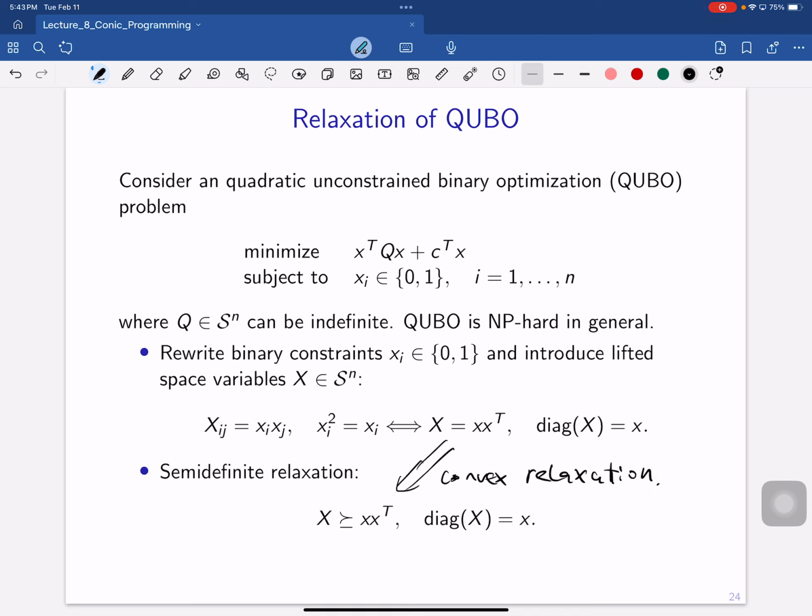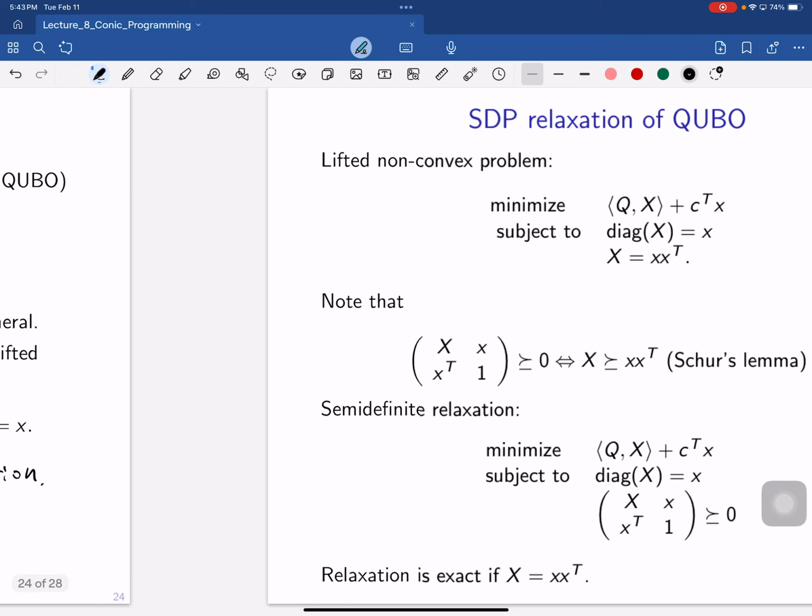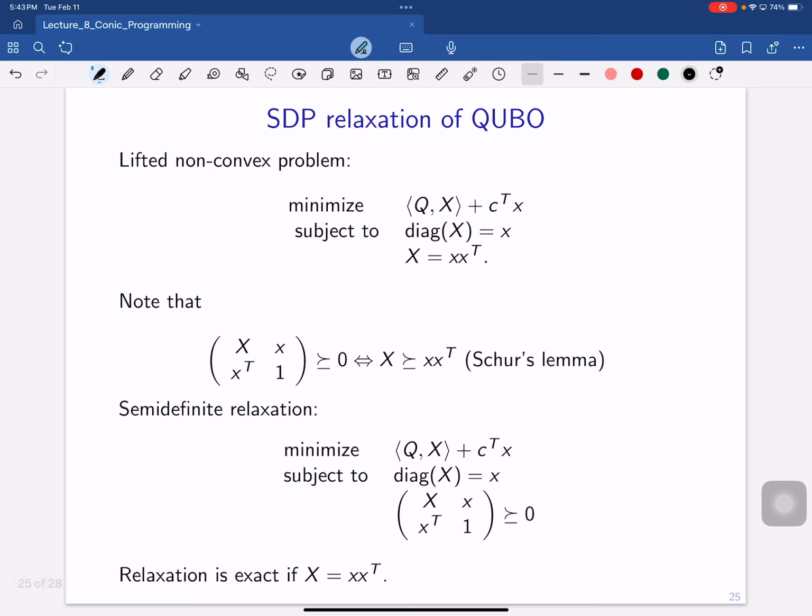Okay. So now, with this convex relaxation, you can solve. So here is the lifted non-convex problem. You have X equals to x x transpose. Now you relax this constraint by X greater than or equal to x x transpose. Now, according to Schur's lemma, you can show that this constraint is equivalent to this bigger matrix being PSD.